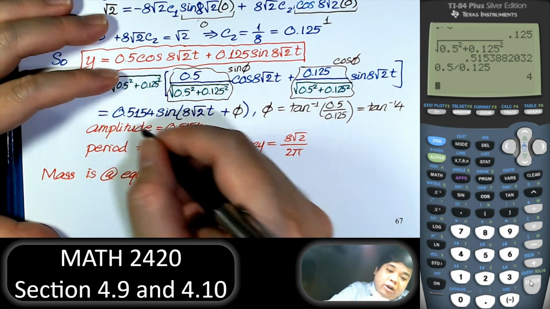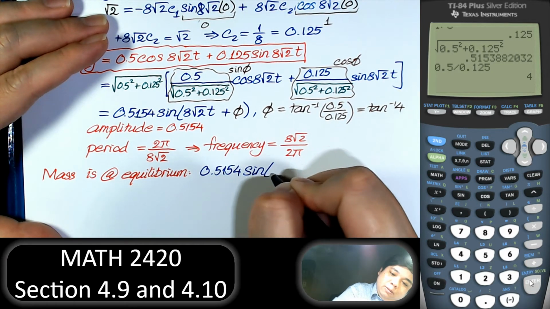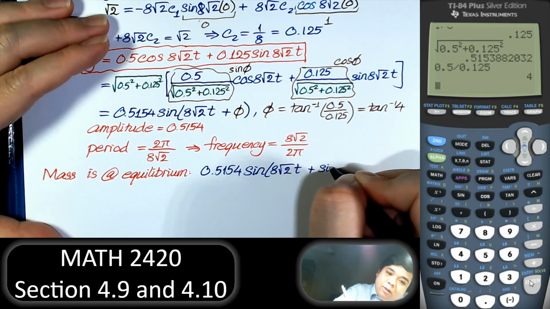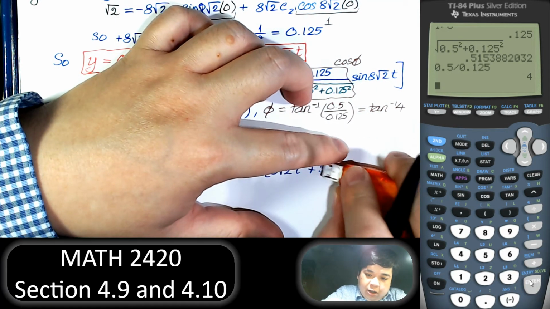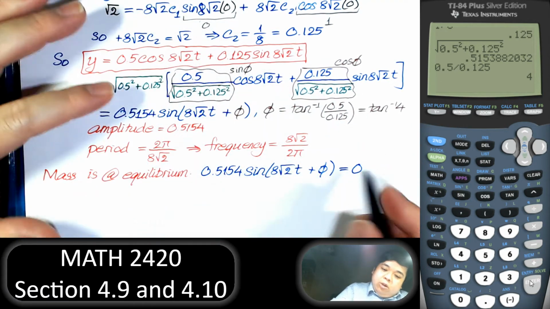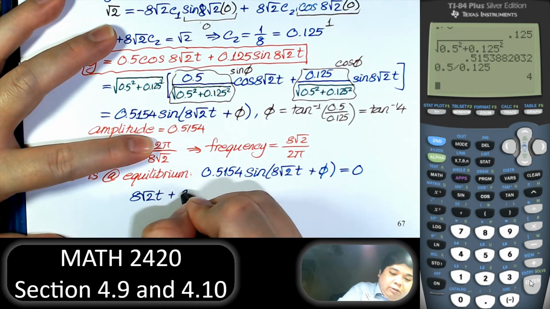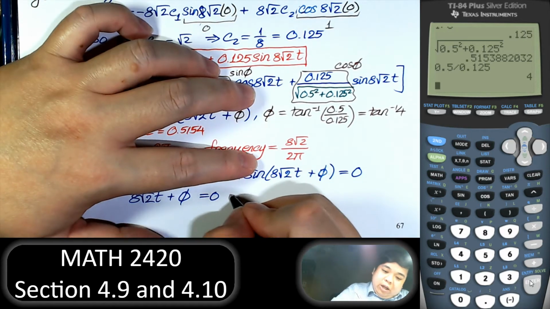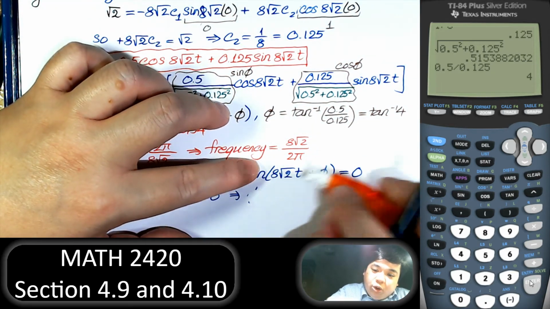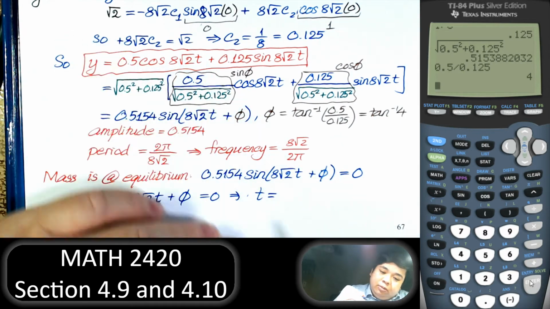Right. So we're going to let this equal to 0. That is 8 square root of 2 t plus phi equal to 0. So we can solve for t, sorry, because we know phi is tangent inverse of 4. So t equal to what?